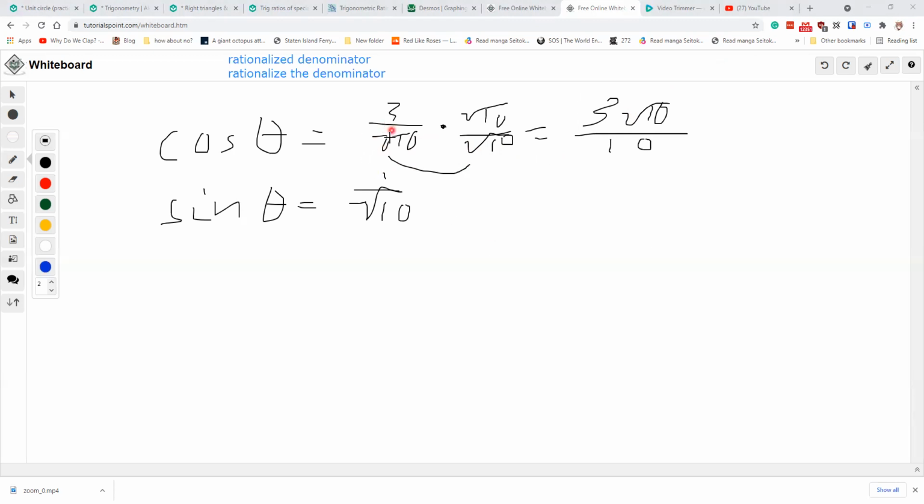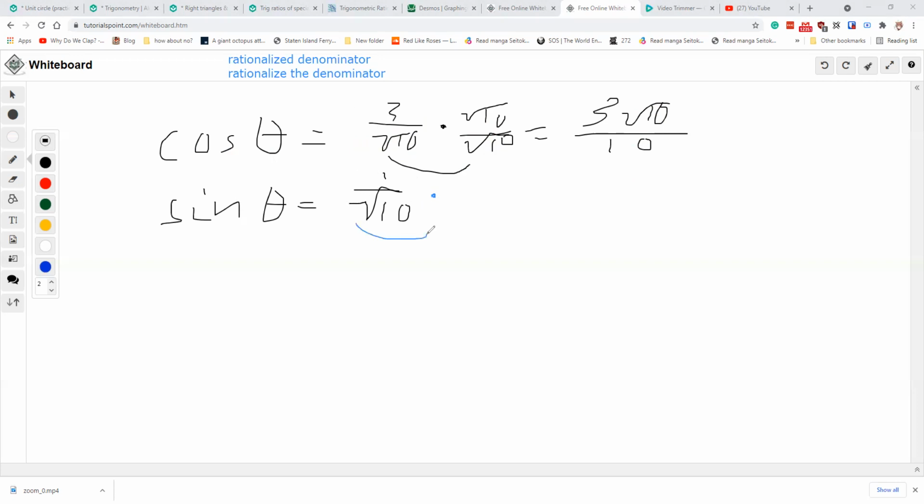So if we want to write 3 over root 10 is equal to cos theta, we would rationalize the denominator by multiplying by whatever was in the denominator to square it, and then get 3 times root 10 over 10 is equal to cosine theta. We can do the same thing for sine theta. How do we rationalize this?